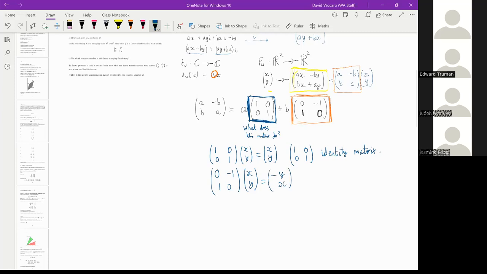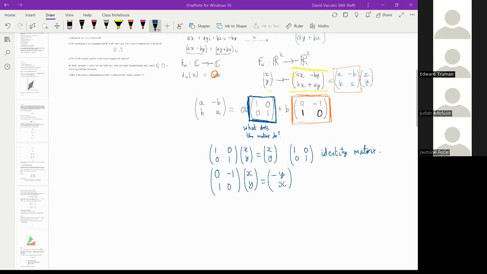Now, I'd be very impressed if anyone can spot this having not studied matrices before, but can anyone suggest what this second transformation does? Ah, well done. We've got a suggestion in the chat for rotation 90 degrees anti-clockwise.